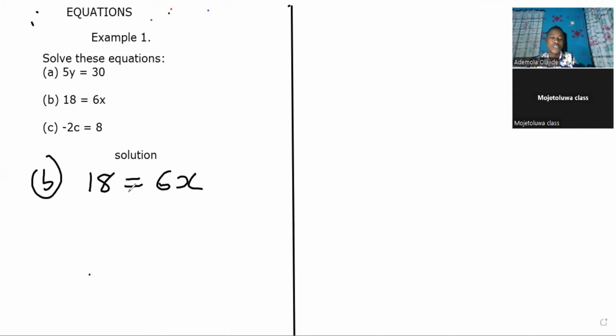This is also an equation. What will you say? When they ask you to solve, if you want to solve this, solving means you want to find the value of the letter that you have in that equation, which is x. You look at this x. What is the obstacle to this x that you need to remove?